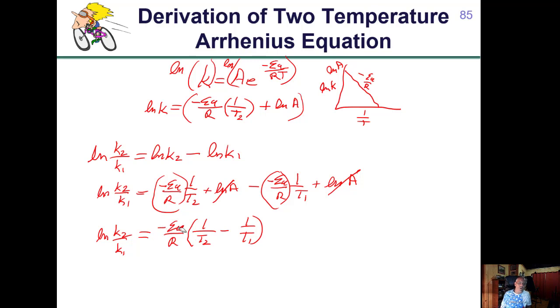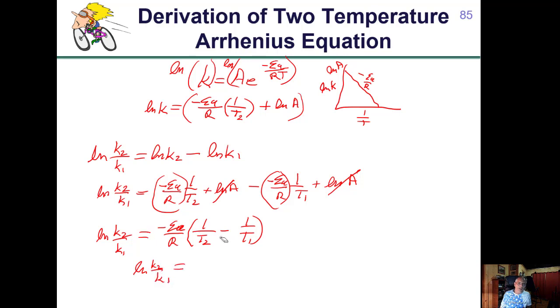I really have a preference for not liking negative signs, so I am going to simply multiply through by the negative sign, and that's going to give me the log of K2 over K1.